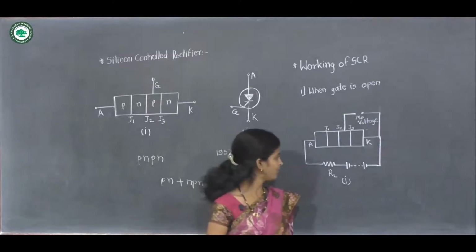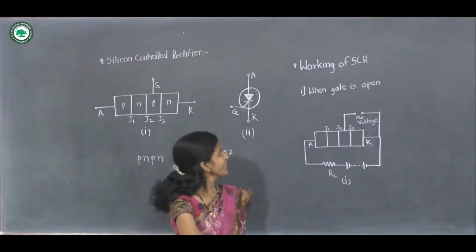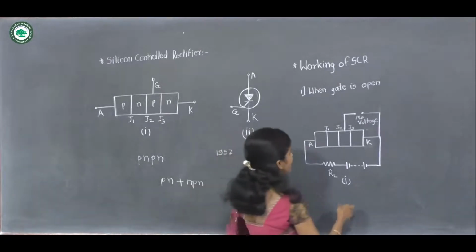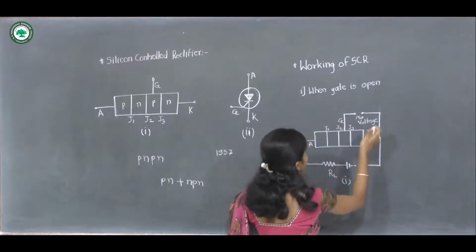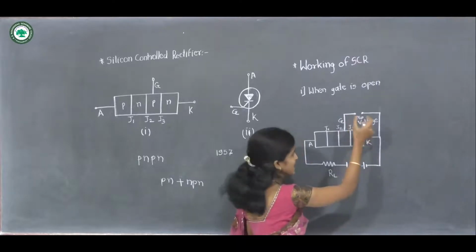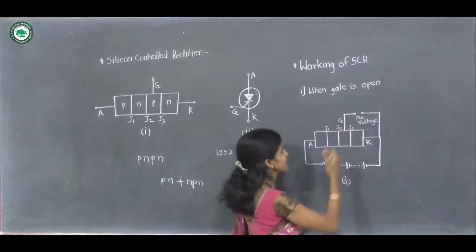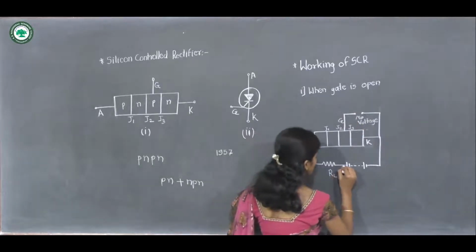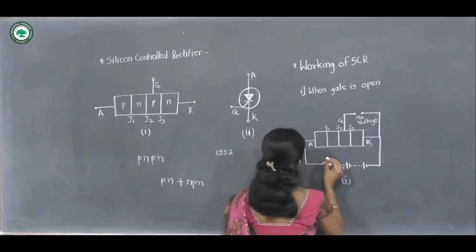So this is a circuit diagram for the case when gate is open, that is this is a gate terminal and this is the cathode terminal, and there is no voltage applied across gate and cathode, or this gate terminal is visualized as open, and the positive terminal of the battery is connected to anode and negative terminal is connected to cathode.